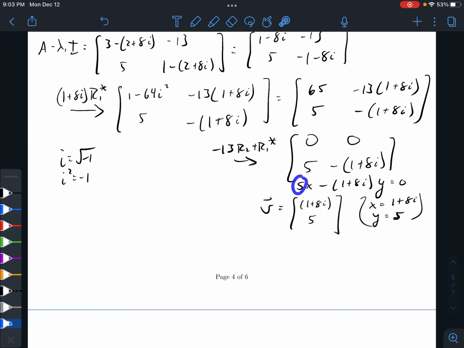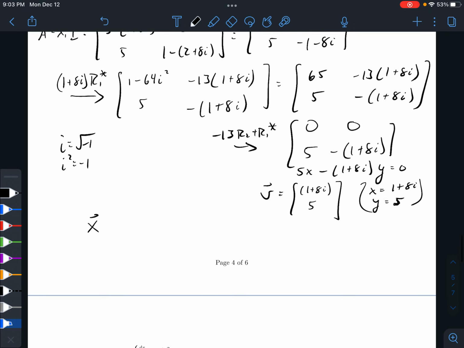So you can usually just swap these coefficients with each other, accounting for the negative sign correctly. So here these are both going to be positive, and this is going to be our eigenvector.